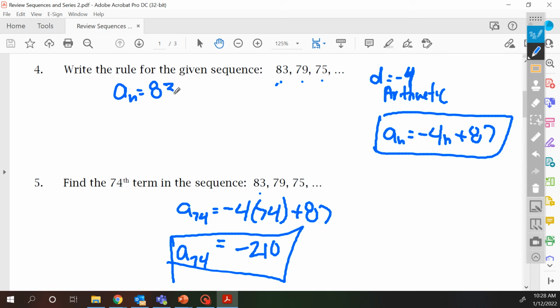So the first term, probably combined like terms wrong, or just wrote it down wrong. What's my difference? Yeah, it is 4. It's going down by 4. Negative 4. So 83 minus 4n plus 4.